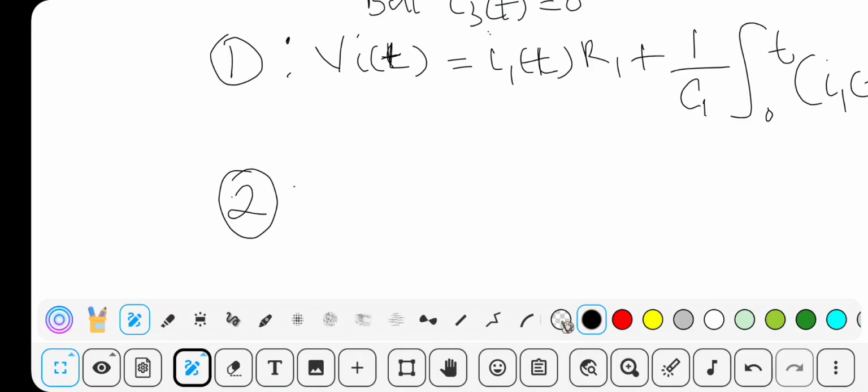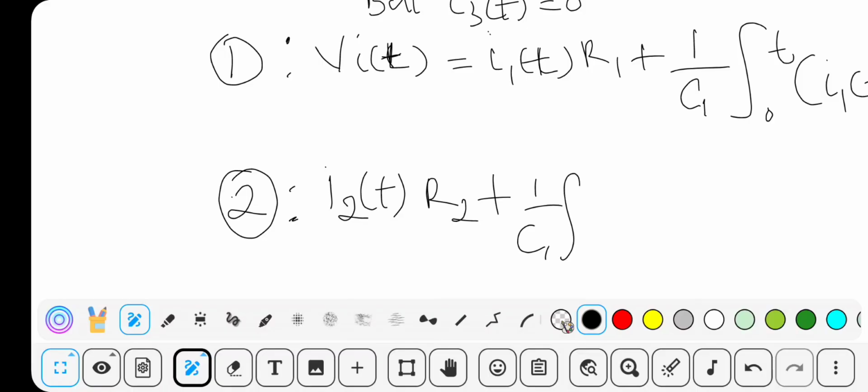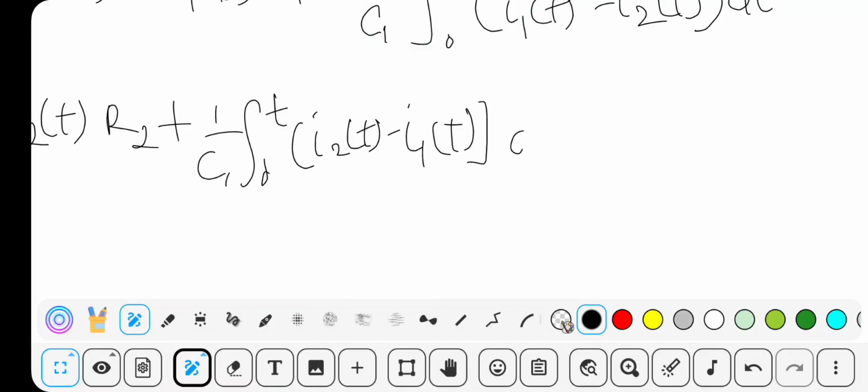So for the second equation, it becomes I2 of t R2 plus 1 over C1 integral 0 to t of I2 of t minus I1 of t dt plus 1 over C2.